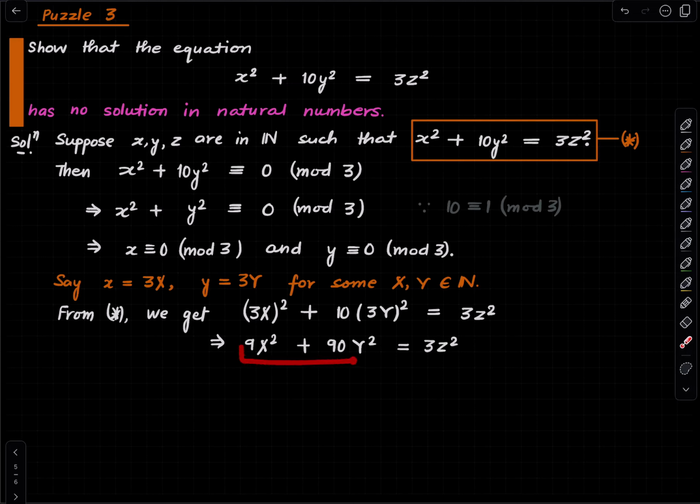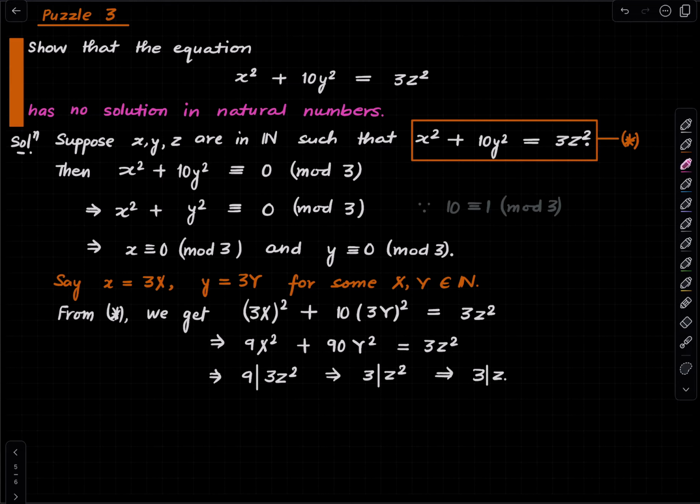Now 9 divides the left hand side. 9 divides this and that. So 9 divides the left hand side, and therefore 9 divides the right hand side, which implies 3 divides z square. Right? If 9 divides 3 times z square, then 3 divides z square. Just convince yourself. But then this means that 3 divides z, as we recalled. Or you can prove it immediately if you like.